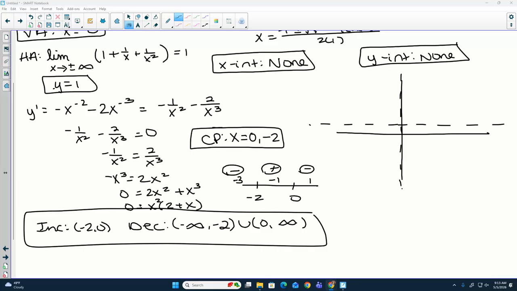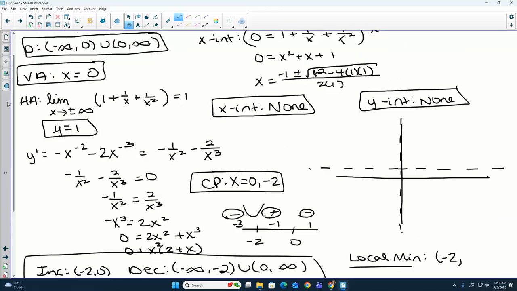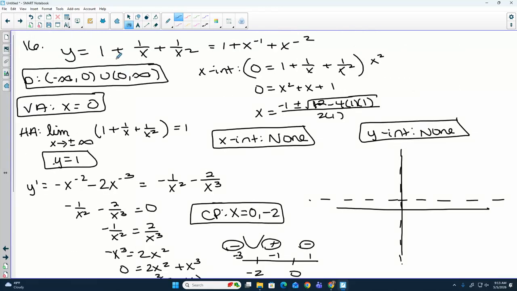Then we need maxes and mins. So this went from decreasing to increasing, so that would be a min. We need the full ordered pair, so to get the y, you have to put negative 2 back into the original. So I get 1 minus 1/2 plus 1/4, so that gives me 3/4.